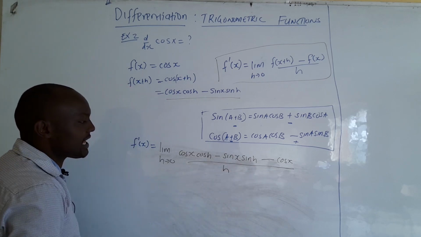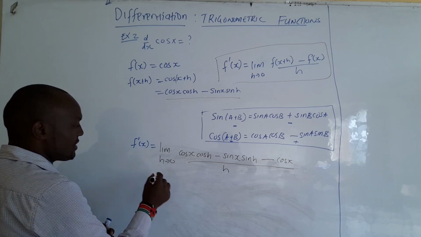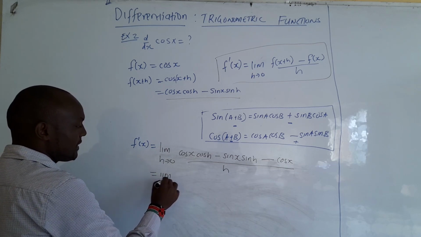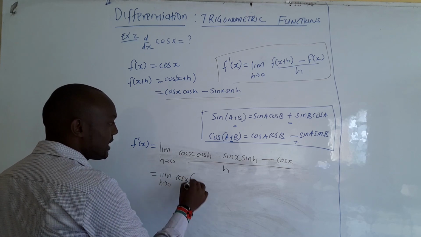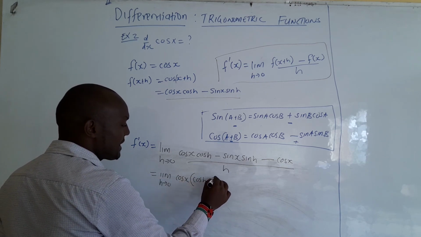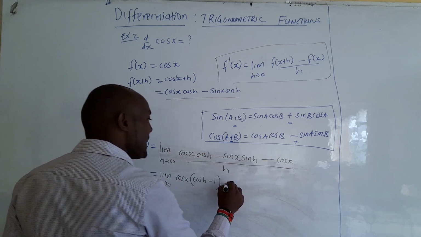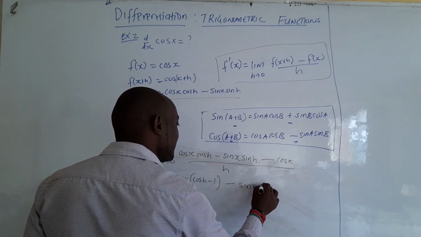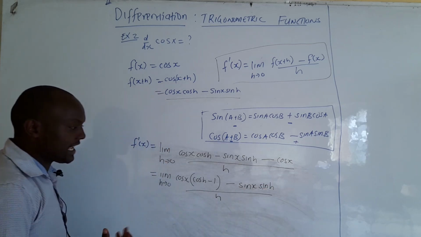In this case, you realize what is common: cos x and this cos x are common. So we have limit as h approaches 0 of cos x times cos h minus 1, minus sin x sin h, all over h.